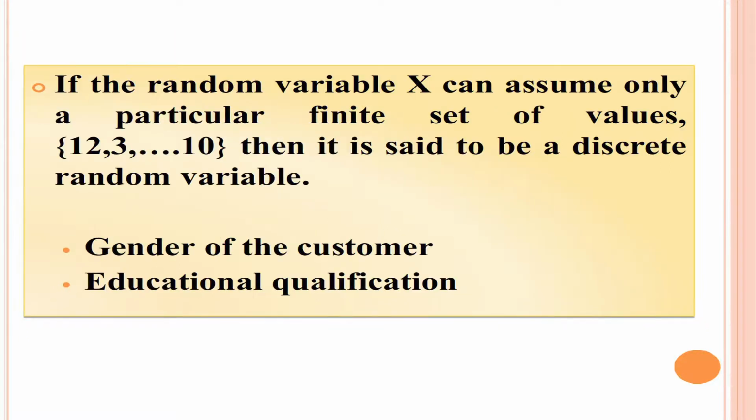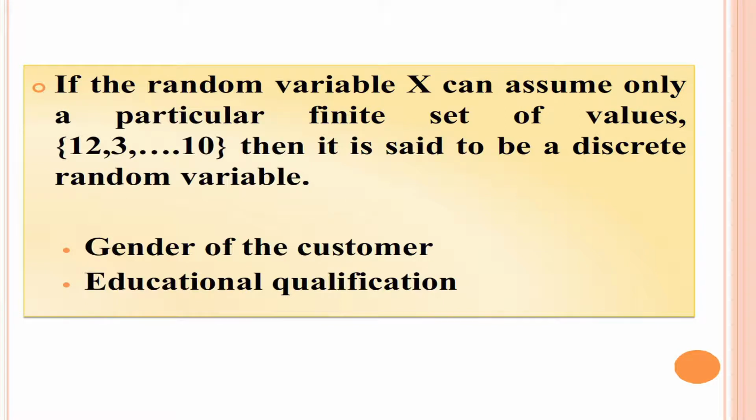If the random variable X can assume only a particular finite set of values, then it is called a discrete random variable. For instance, gender and educational qualifications are random variables which are discrete in nature, because gender takes only 2 values.